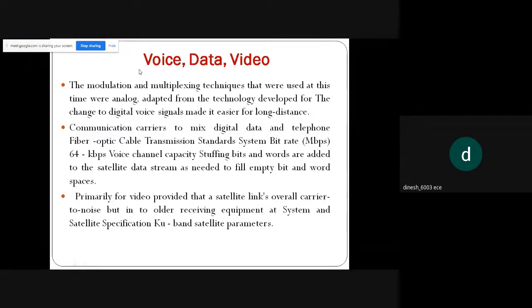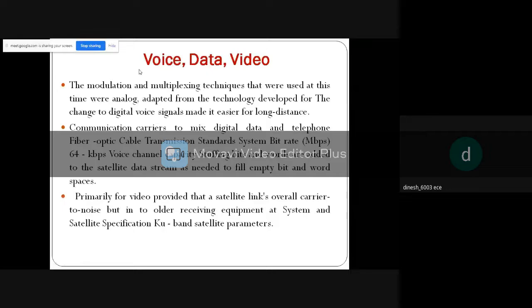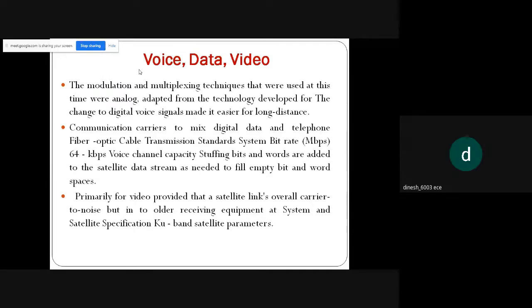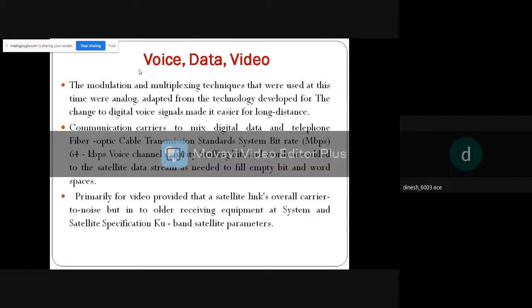Voice, data, and video. The modulation and multiplexing techniques used in the initial stages were analog in nature, adapted from the technology developed for telephony. Then there was a changeover to digital voice signals, which made long distance travel of the signals much easier.